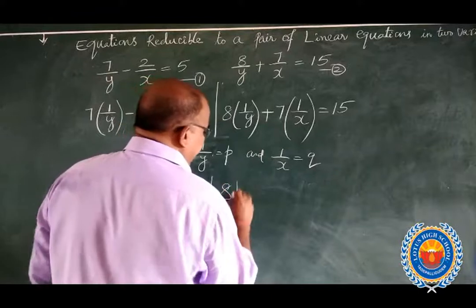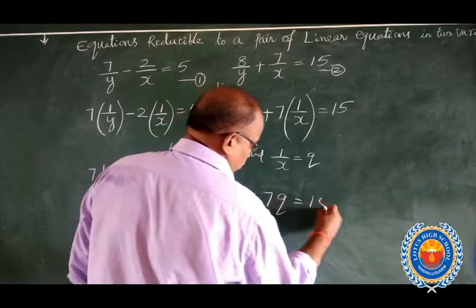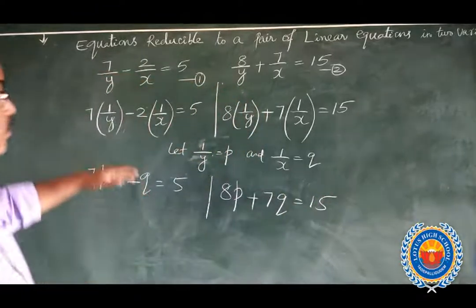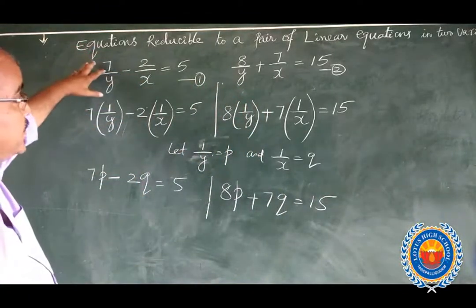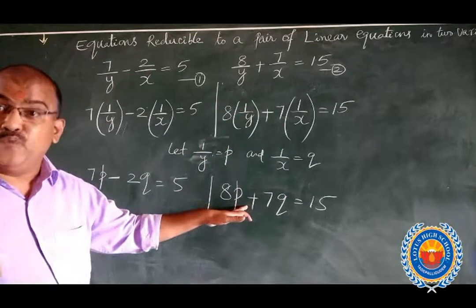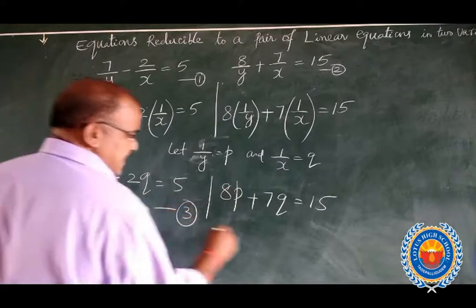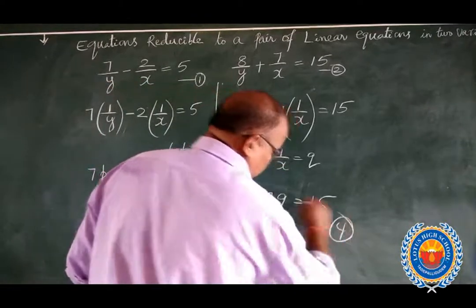8p plus 7q is equal to 15. Now the normal equations are reducible to pair of linear equations in two variables. Now this is equation 3, this is equation 4.